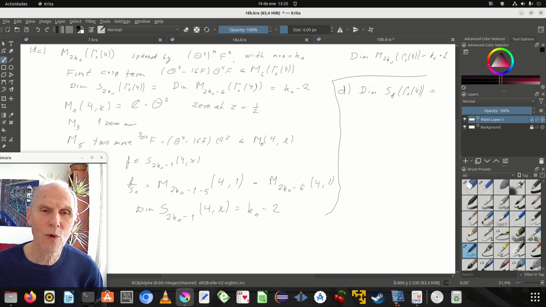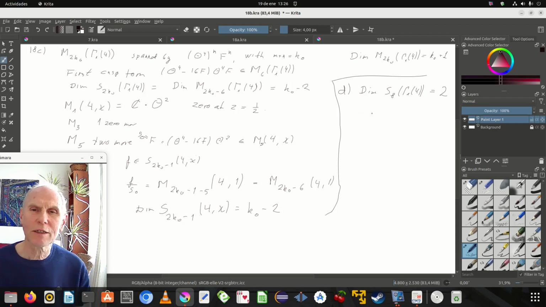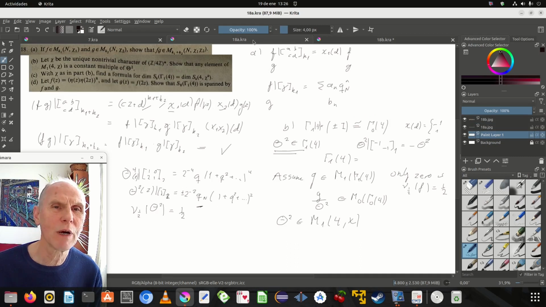So that's 4 minus 2. That's 2, so it's two-dimensional. And we already have 2, but combining those are not quite obvious.